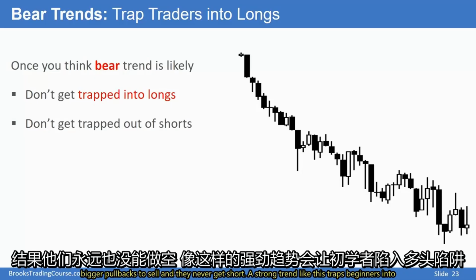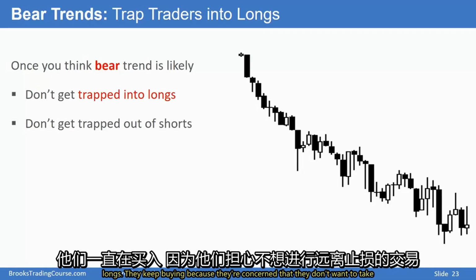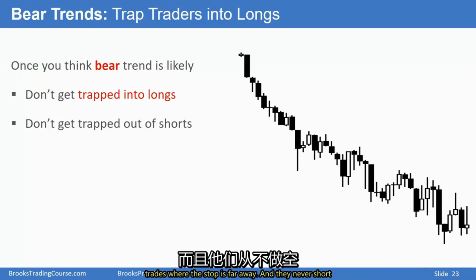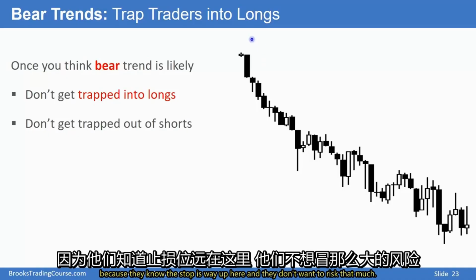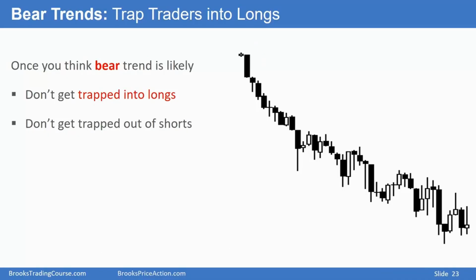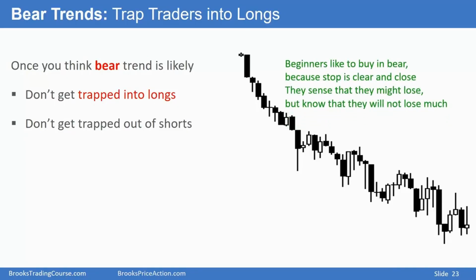A strong trend like this traps beginners into longs. They keep buying because they're concerned that they don't want to take trades where the stop is far away, and they never short because they know the stop is way up here and they don't want to risk that much.